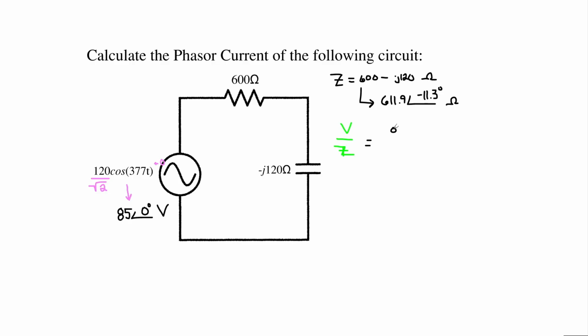Therefore, 85 at an angle of 0 degrees divided by 611.9 at an angle of negative 11.3 degrees, we can conclude that our phasor current is equal to 0.139 at an angle of 11.3 degrees amperes.